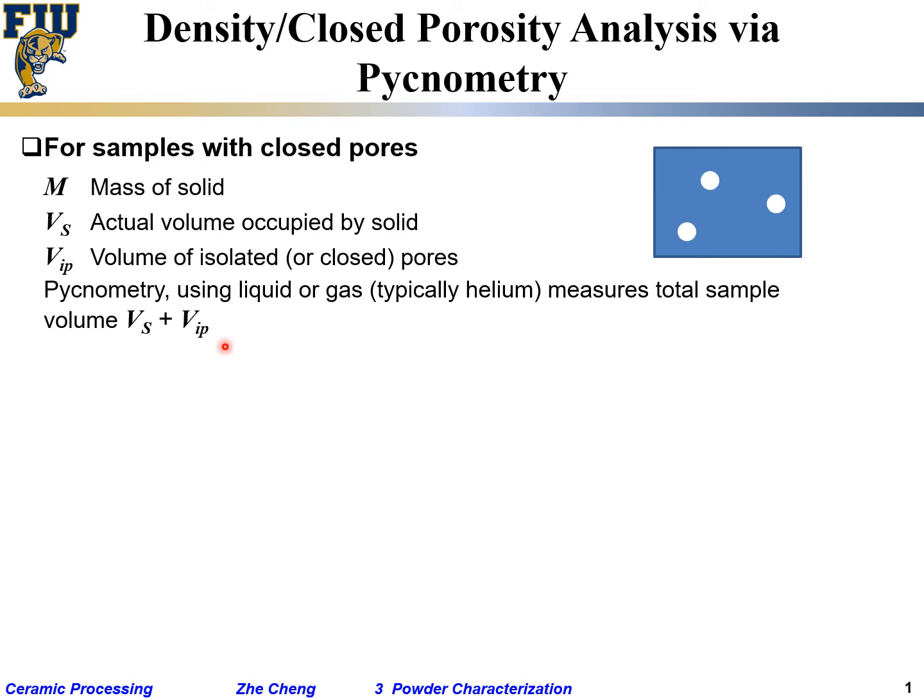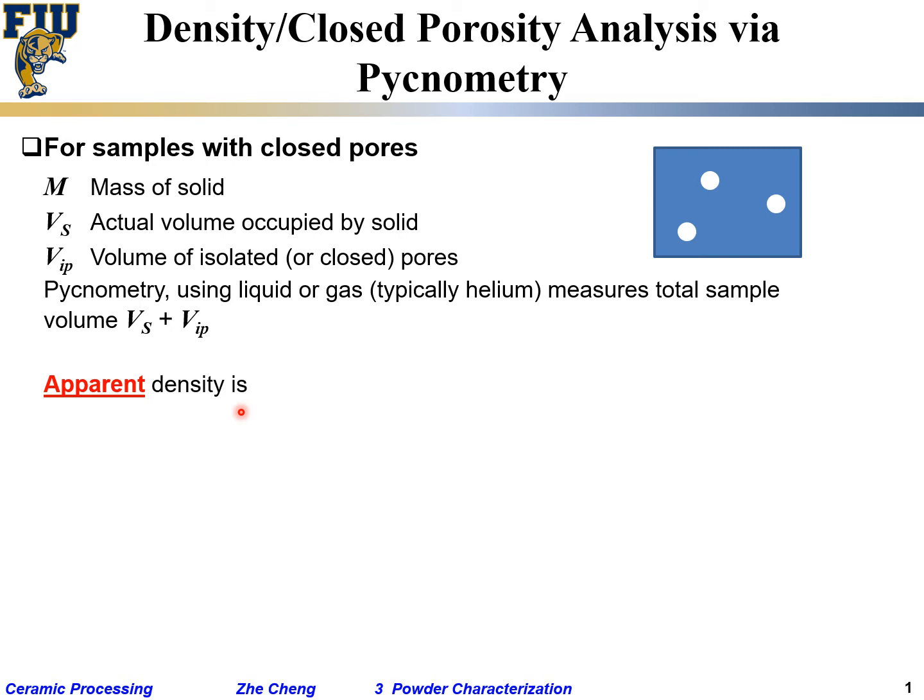We don't go into the detail of exactly how they measure that, but just remember, pycnometry can measure the total sample volume here, which, because it's using helium, a very small gas, excludes any open pores. Any open pores, it doesn't count in the volume. It has to be either solid or closed pores.